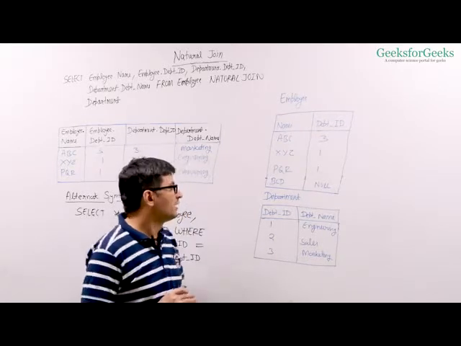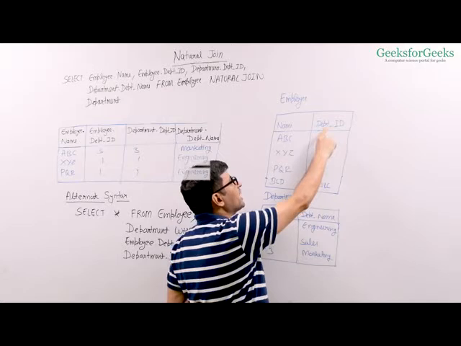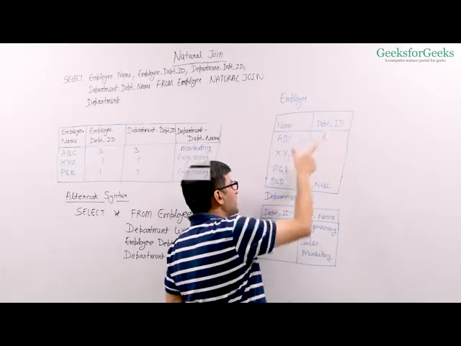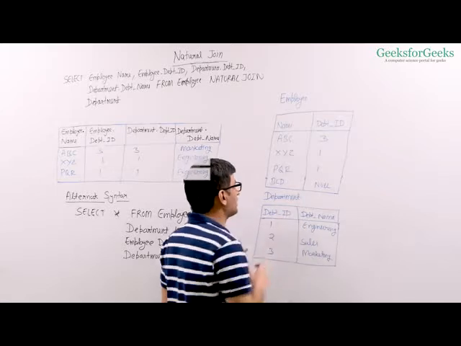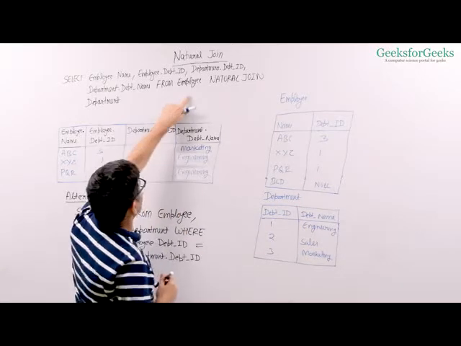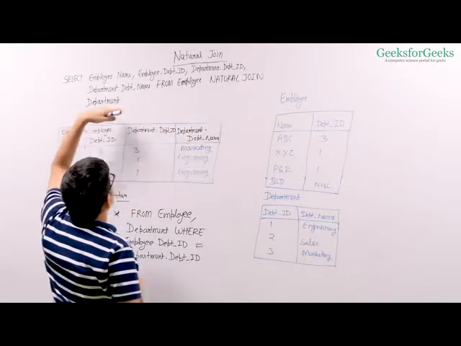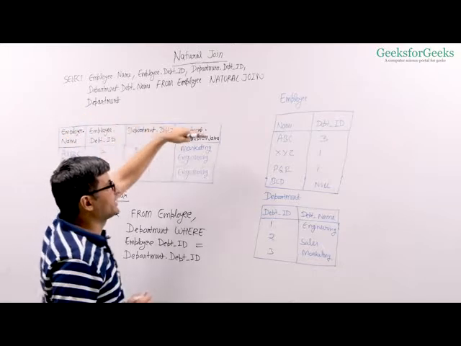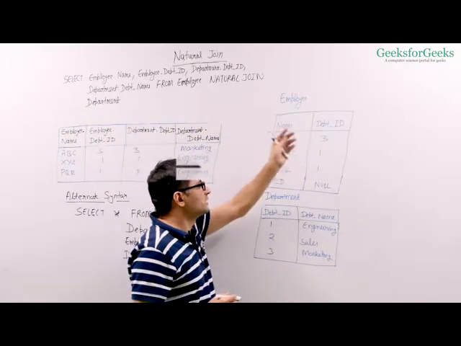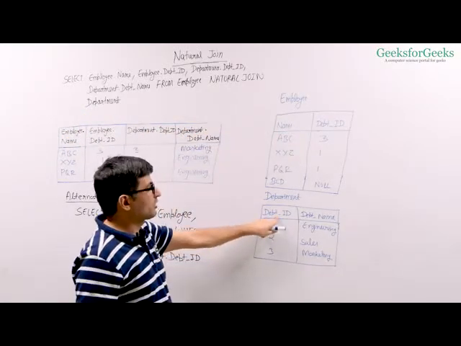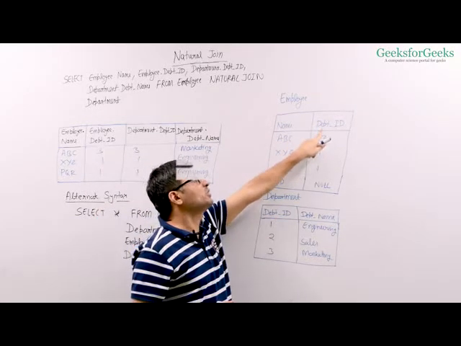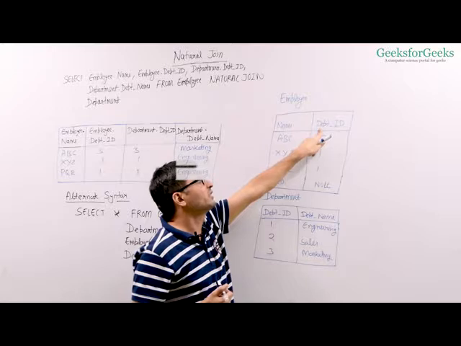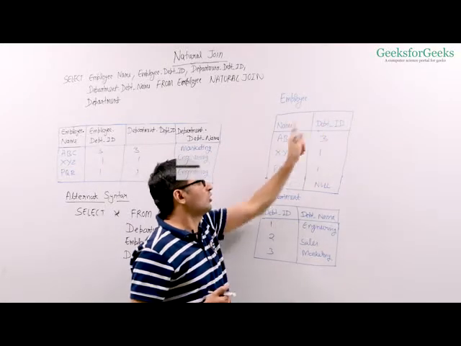For example, here these two tables have DEPT_ID and DEPT_ID, the same column name in both the tables. So when you use the natural join keyword, your join operation automatically scans through all the column names, finds out the common column names, and puts this inner join condition, equi-join condition to be more precise, for the common column names.